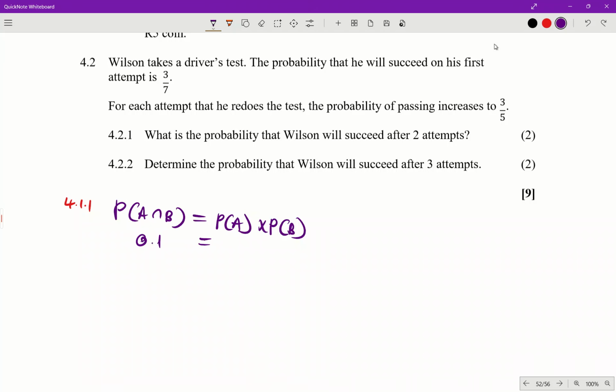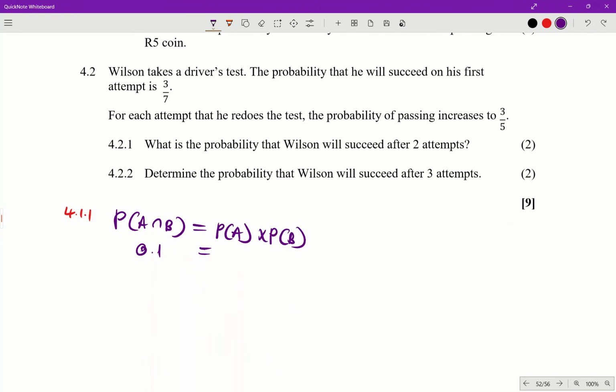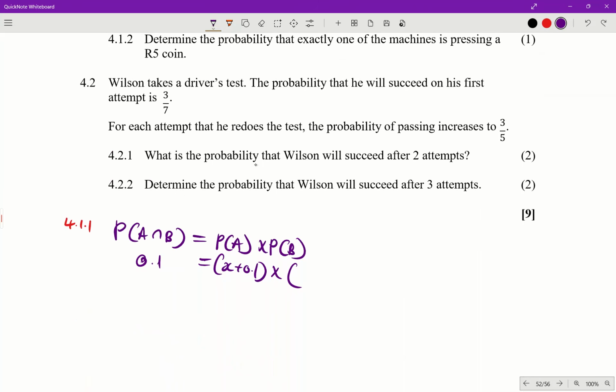The probability of A is just everything in A, so that's X plus 0.1, multiplied by the probability of B, which is 0.1 plus 0.3.